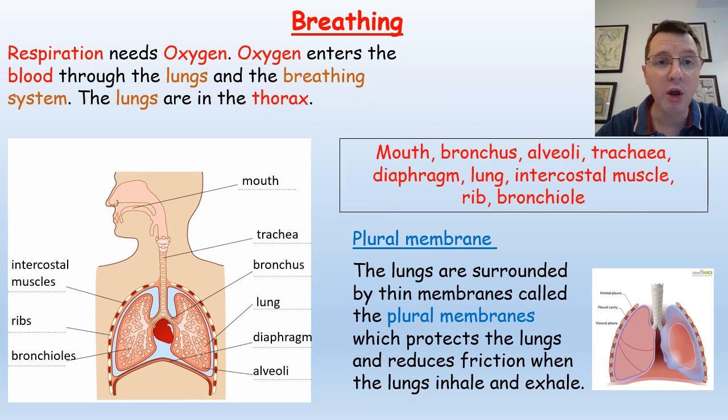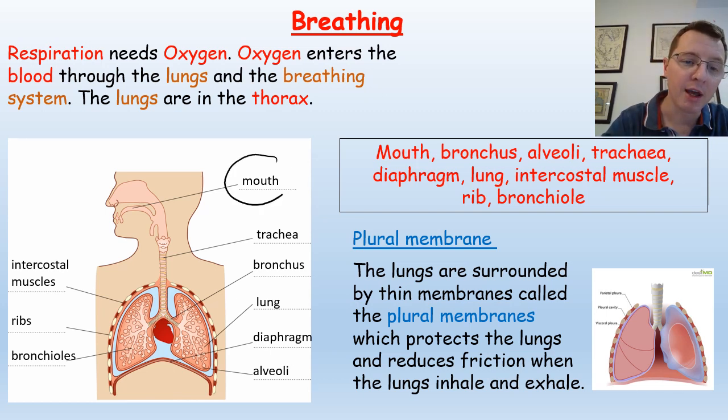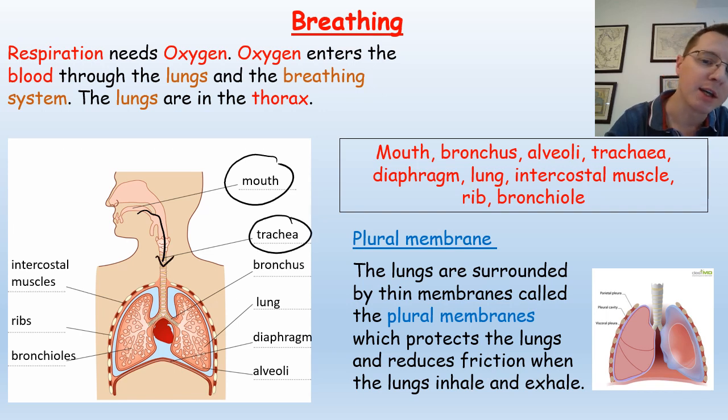We're going to follow the passage of air as it moves through your breathing system. And we're talking about air because air is a mixture of gases, 78% nitrogen, 21% oxygen, and about 1% other gases. So the air will enter the mouth or the nasal cavity, and then it will travel down the trachea. Here, the trachea is also known as the windpipe.